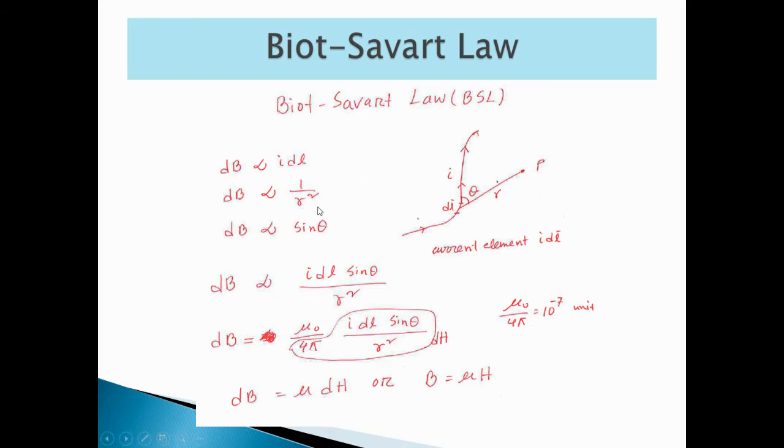Another condition is that the magnetic flux is proportional to the inverse square of the distance between the middle point of dl and P, which is 1/r square. The last proportionality is that the flux is proportional to the angle between the direct distance and the current-carrying wire, which is theta.